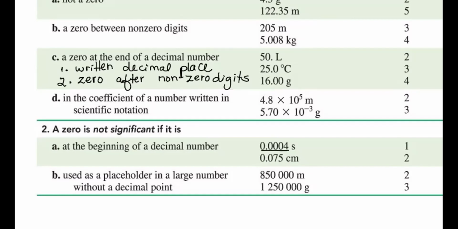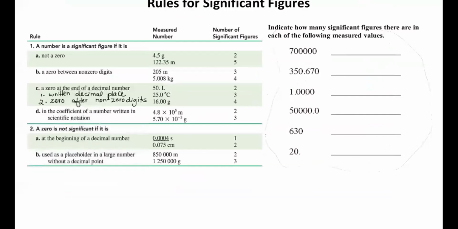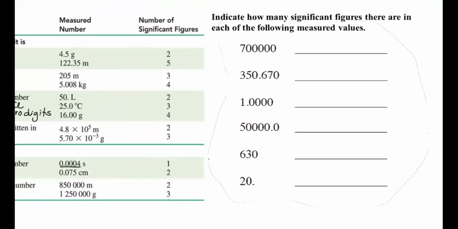So we call those zeros placeholders. Rule 2A is also calling those zeros placeholders, because in the case of 2A, you use it for small numbers. Rule 2B, you have it for large numbers. So taking that into consideration, let's practice.